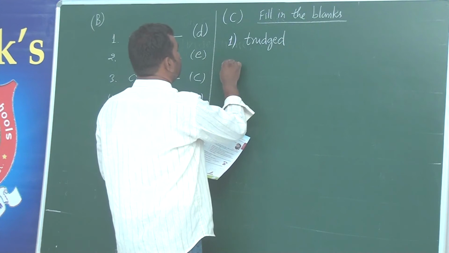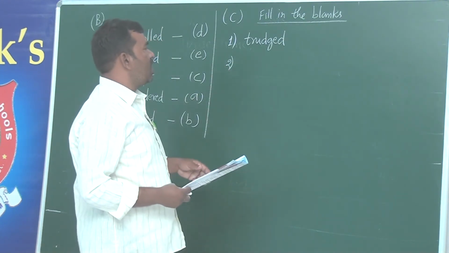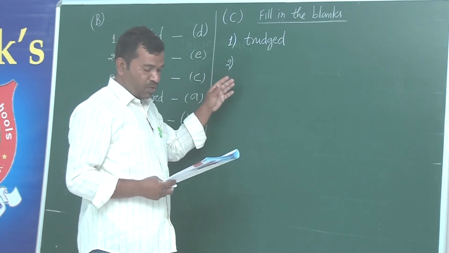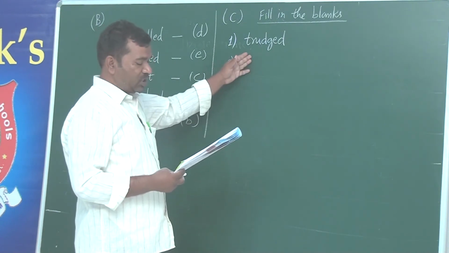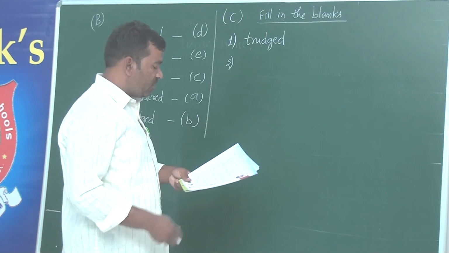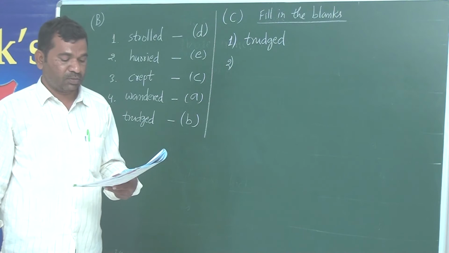Children, you need to see that to climb any mountain we have to put in a lot of effort. So that word is known as trudge. Okay. The second one, we dashed along the beach after dinner.